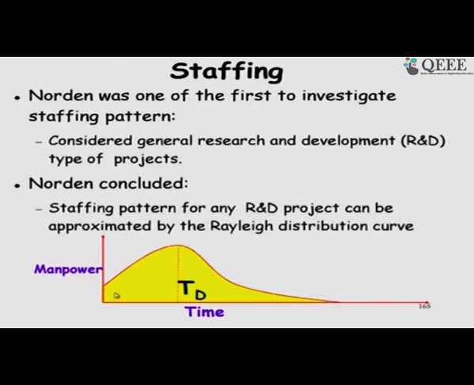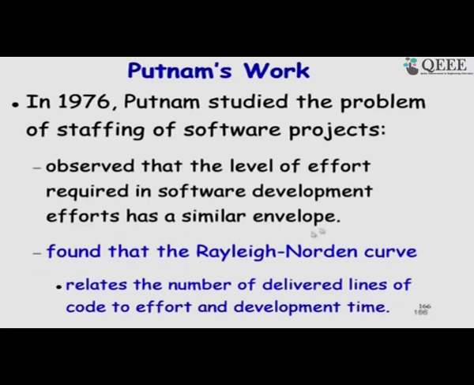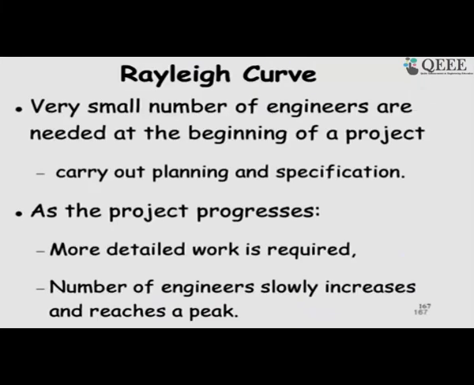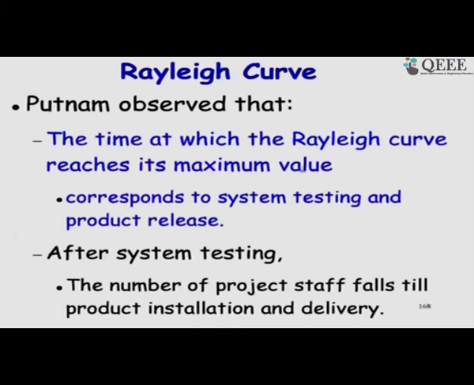Initially few people for requirement specification, design and coding, and it peaks during testing, and then slowly as the product gets deployed, the manpower is reduced. So, Putnam found that the Rayleigh curve actually fitted software projects well. That is what is written down, as for your note, and the time at which the Rayleigh curve reaches the maximum value corresponds to system testing and product release.